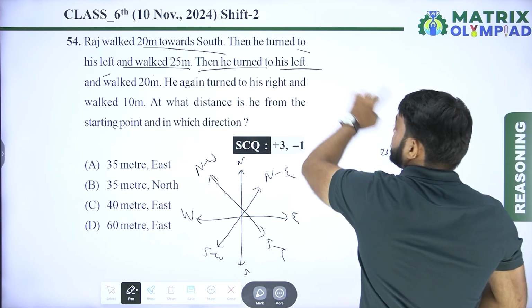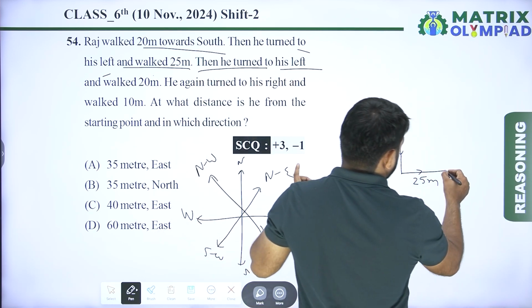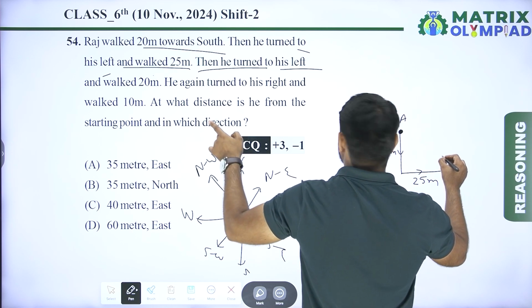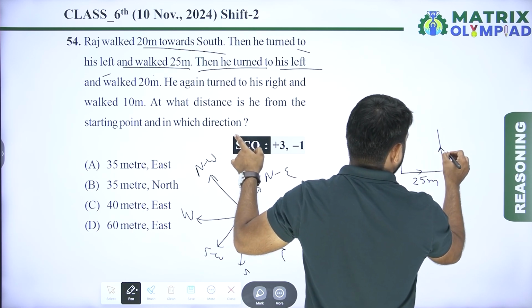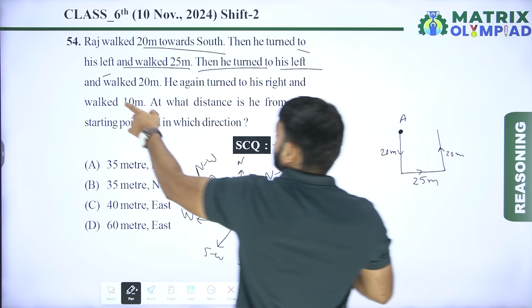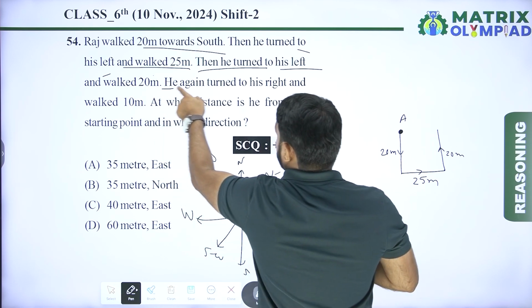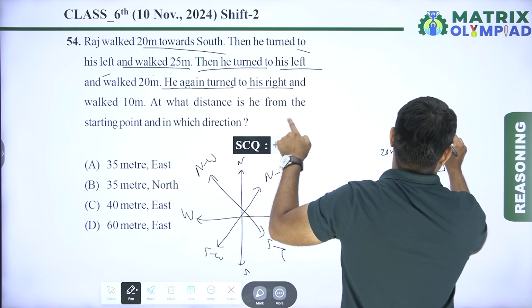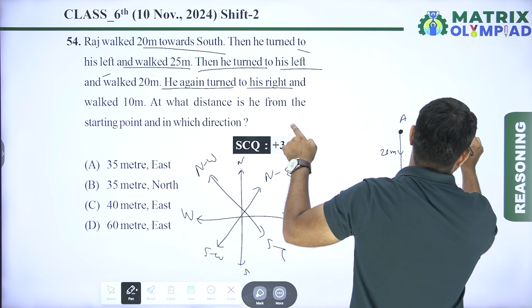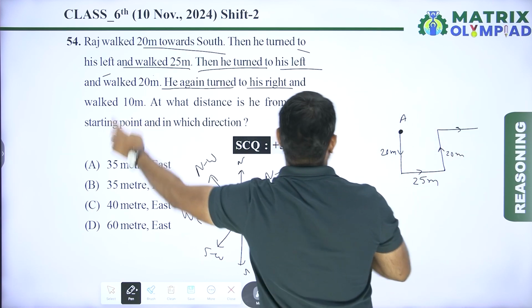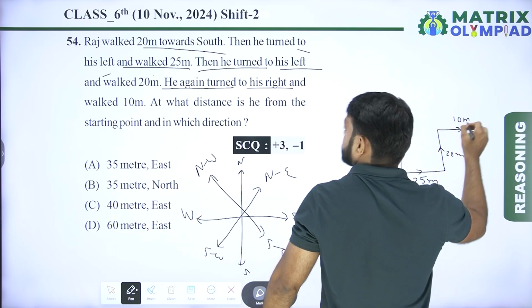Then he turned to his left and walked 20 meter. After this, he again turned to his right and walked 10 meter.